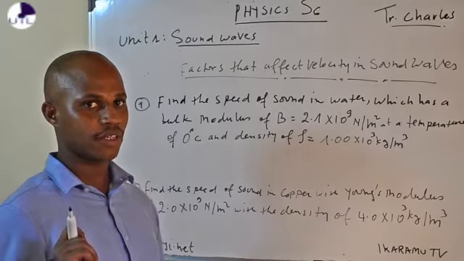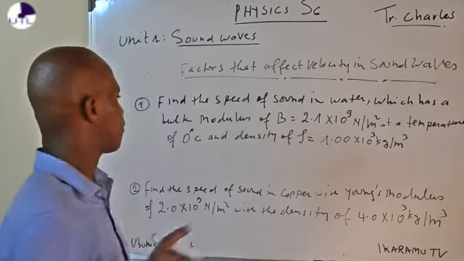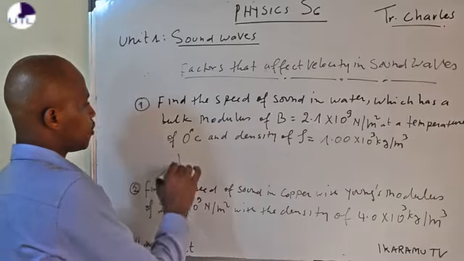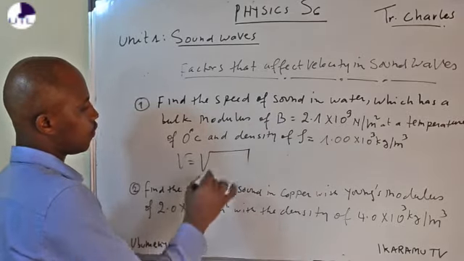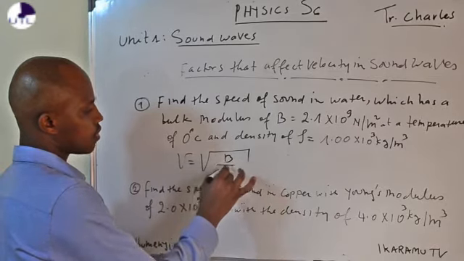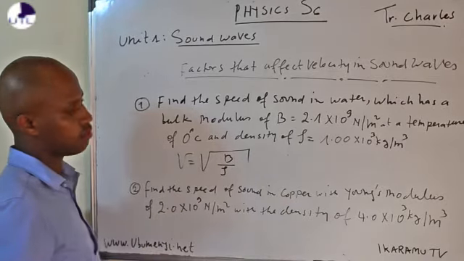Remember, we have seen the formula. Let us check. The speed is equal to the square root of bulk modulus divided by the density.